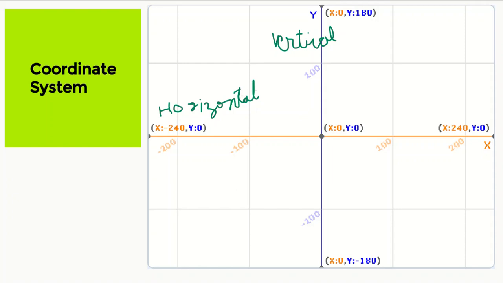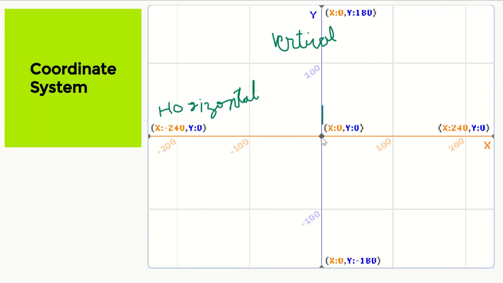Here we have x as the horizontal or sleeping line and y as the vertical or standing line. Now imagine that this is the stage and we have divided the full stage by x and y lines.